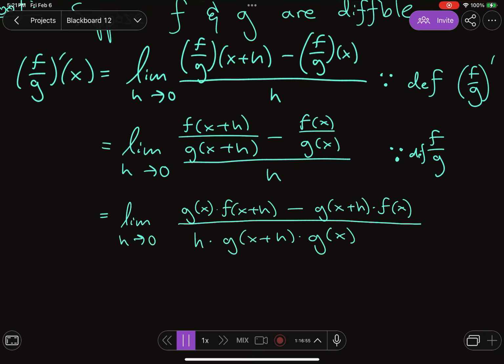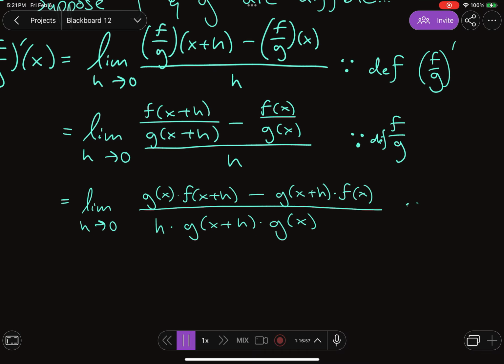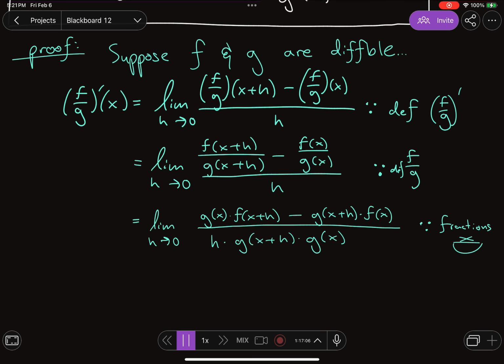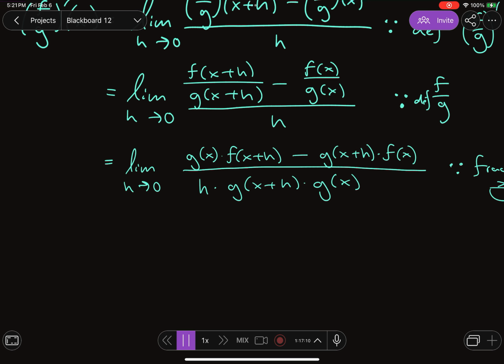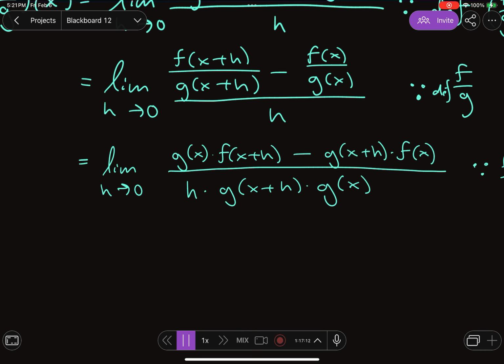All right, so this is just because fractions. We know how to deal with fractions. That's kind of a little bit hand wavy, but we just added fractions and we divided fractions. We know how to deal with those. I can show more details if needed.